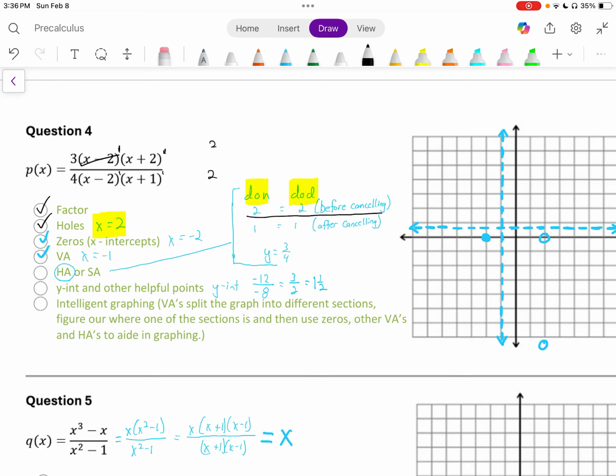Once we canceled, though, we could have thought 1 and 1. Regardless, they both work, so you can work through it before you cancel or after you cancel. They're both equal to each other, so we look at the leading coefficients, which in this case is pretty easy to see is 3/4. So we have a horizontal asymptote at y equals 3/4.